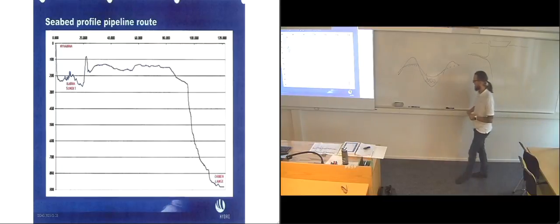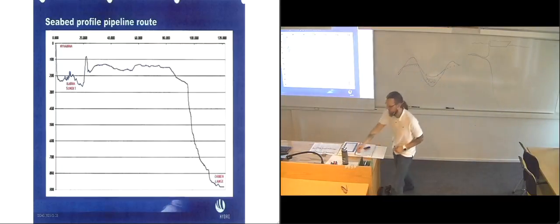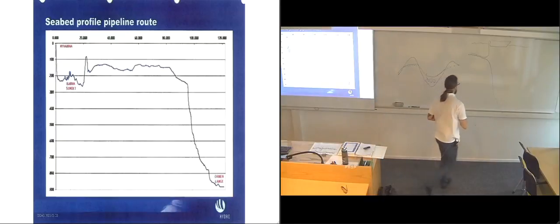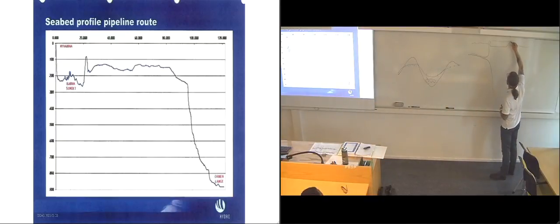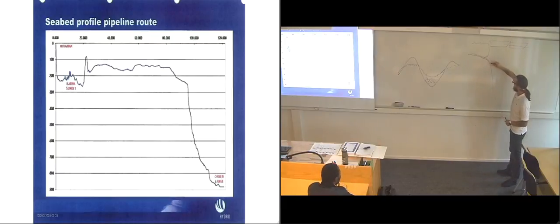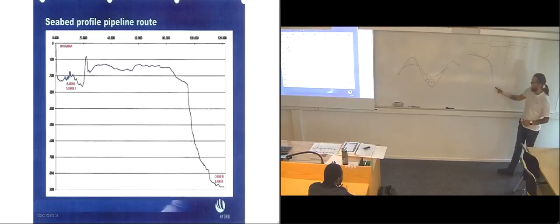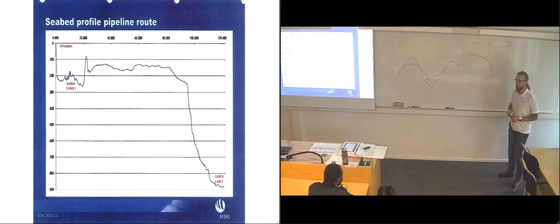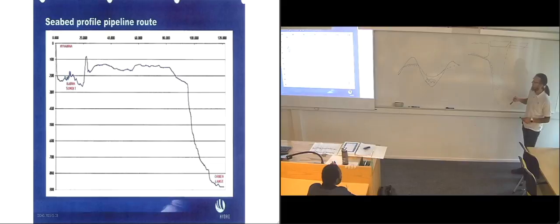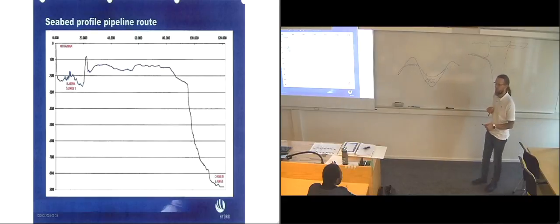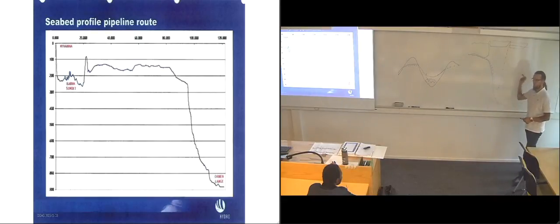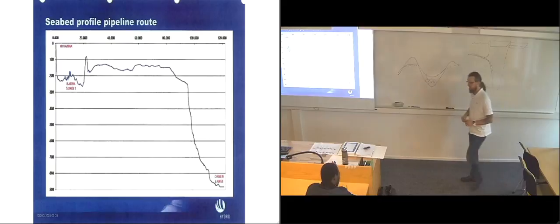But as the vessel moves along over here, the problem is that the pipeline will get a really heavy bend down at the bottom here. So it's actually better to start off at the deeps and pull it up along the ridgeline instead, so go the other way when you're putting it down.